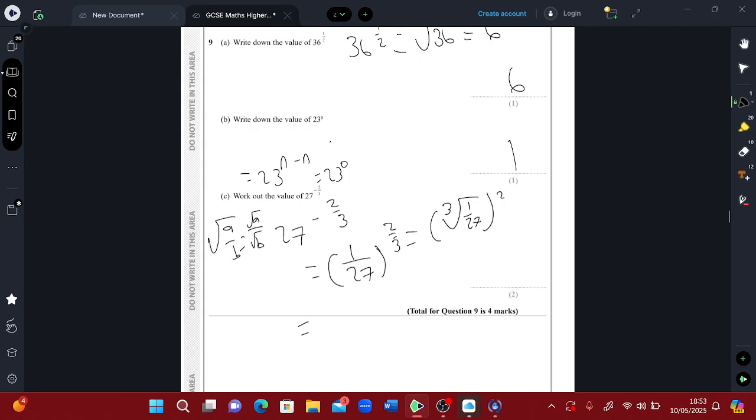So split it up into numerator and denominator. And yeah, so we get cube root of 1, which is just going to be 1. And then the cube root of 27, which is going to be 3. 3 cubed is 27. And that'd be squared. And then likewise, 1 squared, which is 1. And then 3 squared, which is going to be 9. So that should be your final answer there.